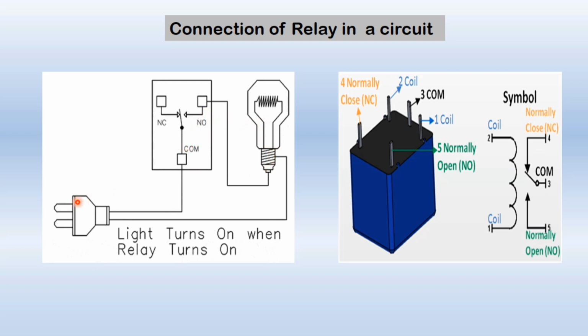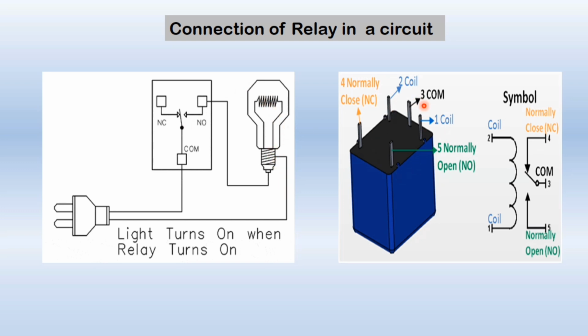So when you switch on the power supply, this common terminal will go to the normally open position and it will make the circuit. Now the current will flow from this power supply to the common terminal, then to the normally open position, then to the bulb, and from the bulb again to the power supply. So in this way the circuit will be complete and the bulb will glow.